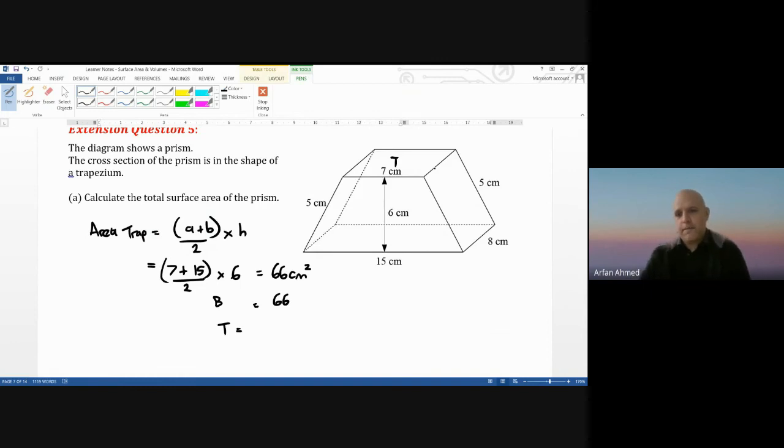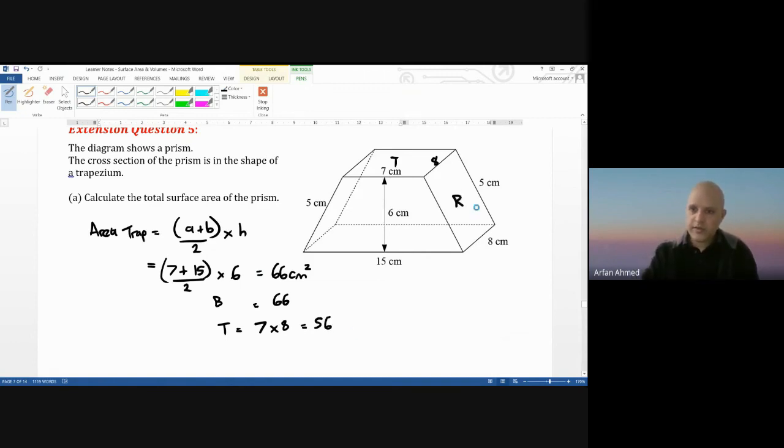We can't, don't know what this is. Oh yeah, it's going to be 8. It's the same as that. 7 times 8. Yeah, that's going to be 8, definitely. 7 times 8, which is 56. That bit's done.